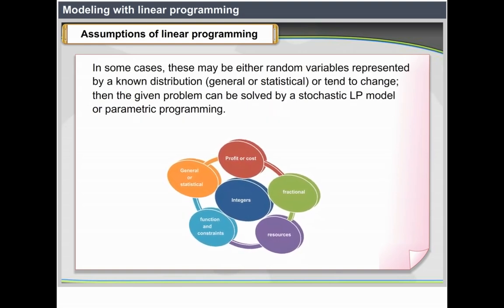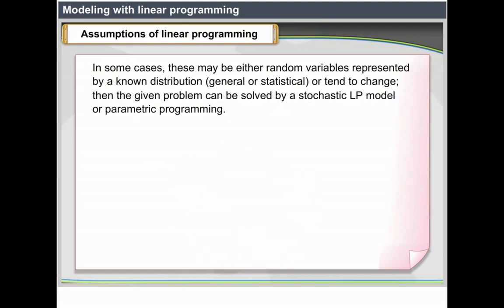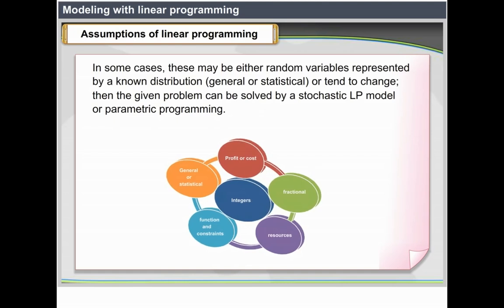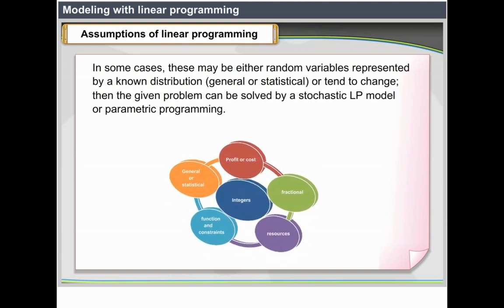In some cases, these may be either random variables represented by a known distribution, general or statistical, or tend to change. Then the given problem can be solved by a stochastic linear programming model or parametric programming.